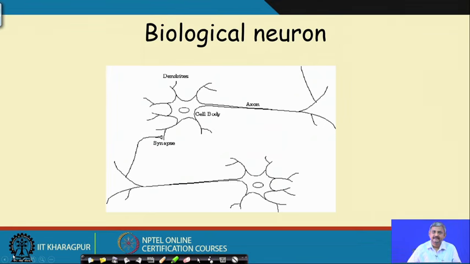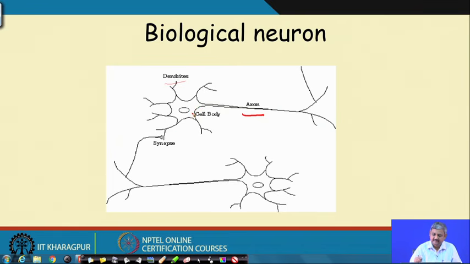So, to motivate this, let me come to the structure of a basic biological neuron. It has a structure like this. It has two parts, axons and dendrons, and these are the neural cells.